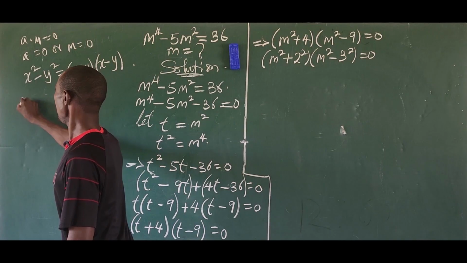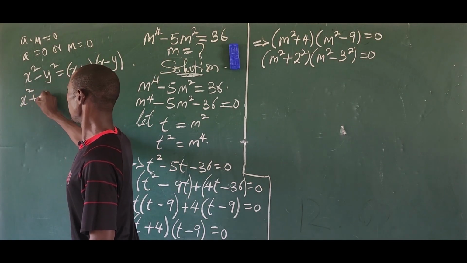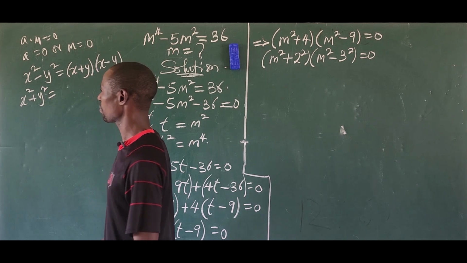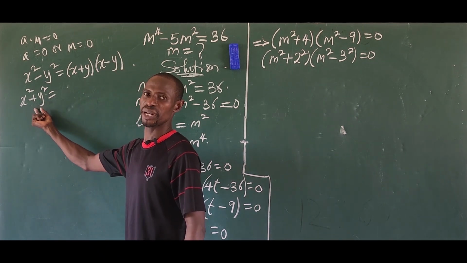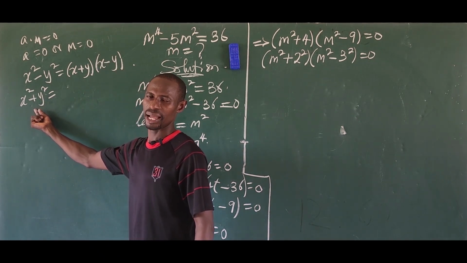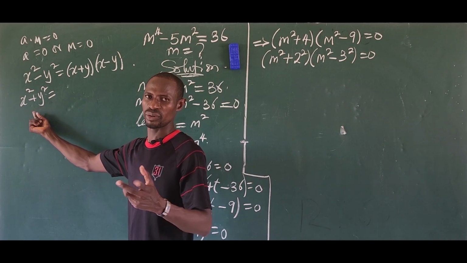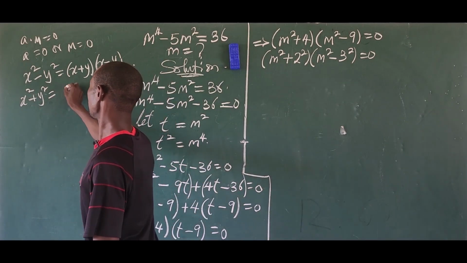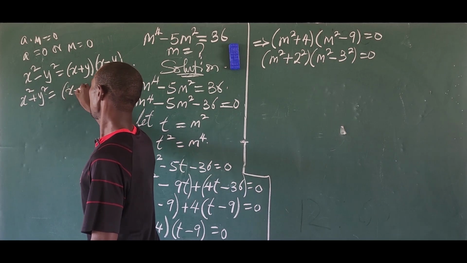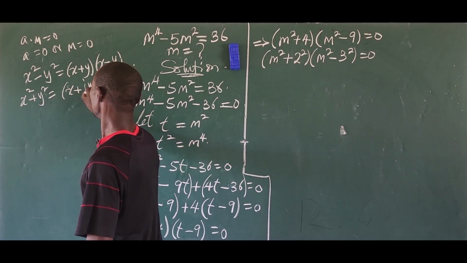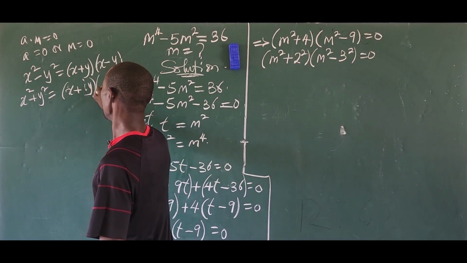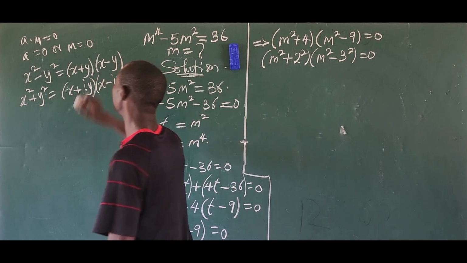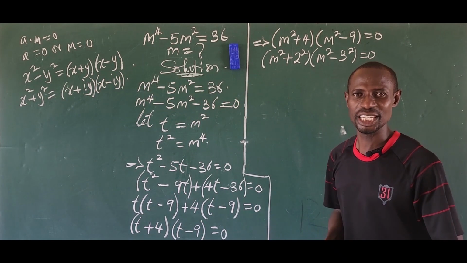It says that x to the power of 2 plus y to the power of 2 is equal to, because we can rewrite this expression here by bringing in iota. We know that the square root of minus 1 is equal to iota, so we can bring that into this system. And if we do that, this is going to give us bracket x plus iota y, then bracket x minus iota y. I believe you've seen this before now.